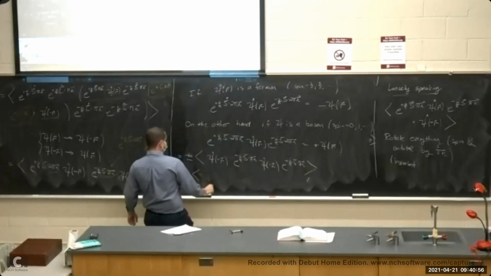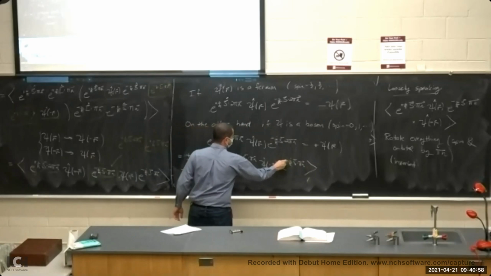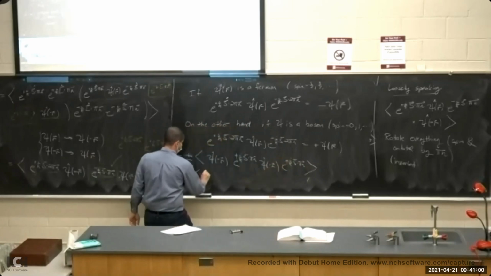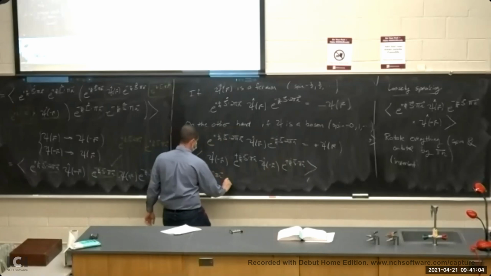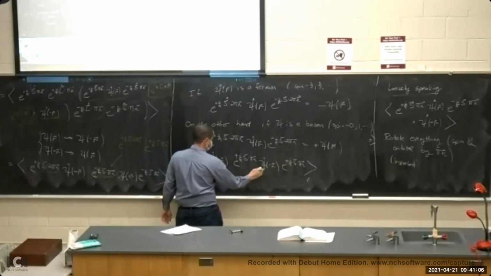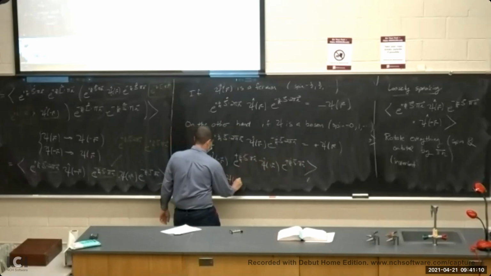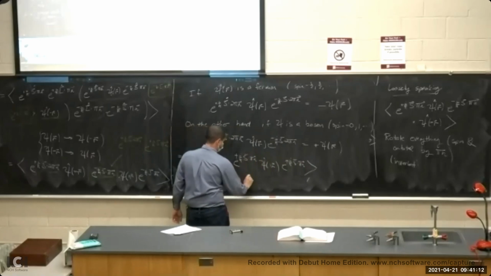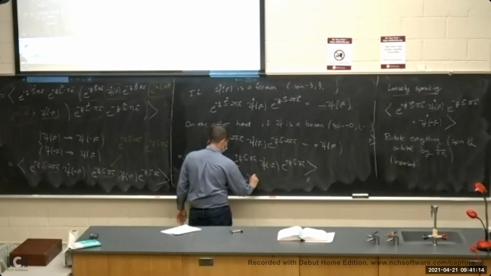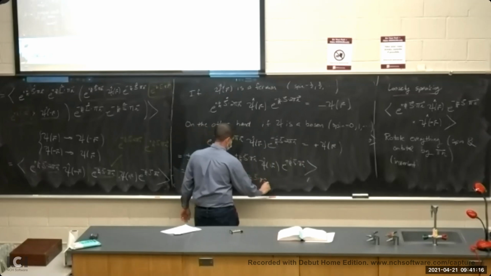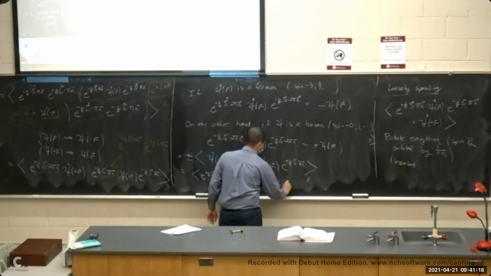Oh, I think I already swapped my plus and minus here, excuse me. e to the plus i over h bar S dot pi n, psi of, and then this one is the positive, psi of r, e to the minus i over h bar S dot pi n, psi of negative r.